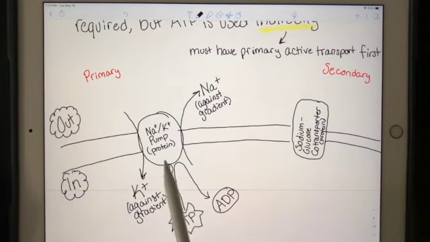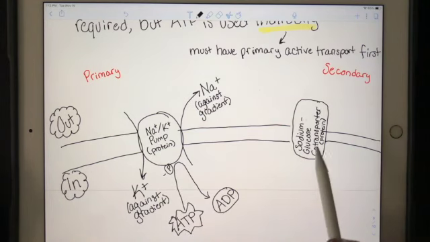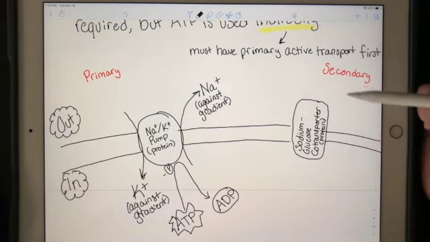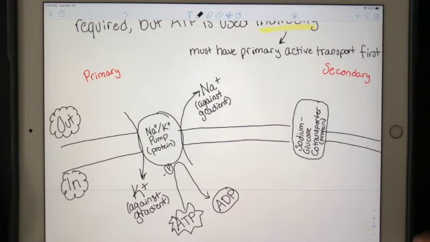So we have our protein over here is a sodium-potassium pump, but our protein over here is a sodium glucose co-transporter. What that means, co-transport, co means together, is we're pulling sodium and glucose into the cell together.